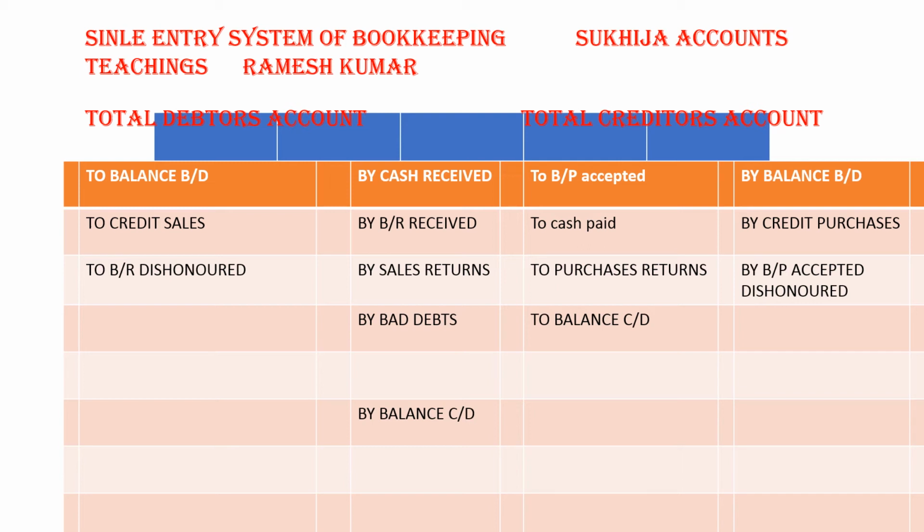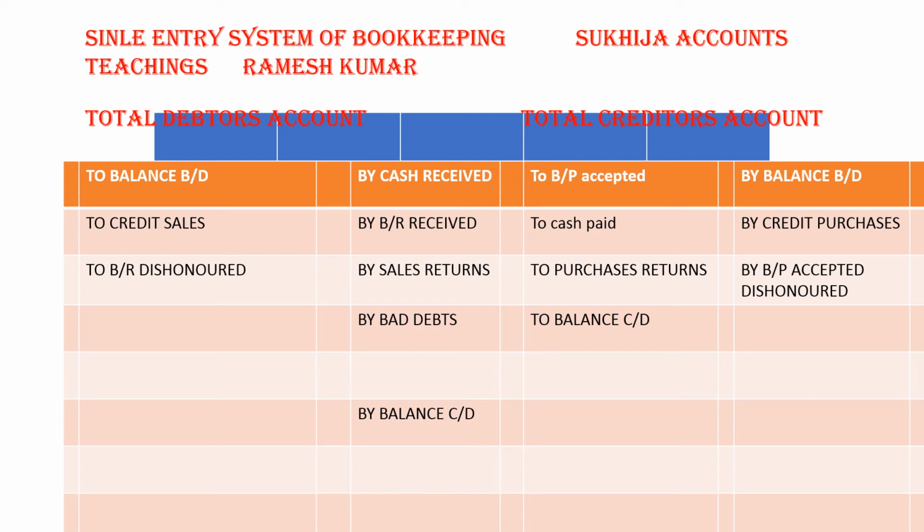Then on the other side we come to total creditors account. Creditors is our liability. It always has a credit balance. That is, opening balance comes on the credit side, by balance BD.